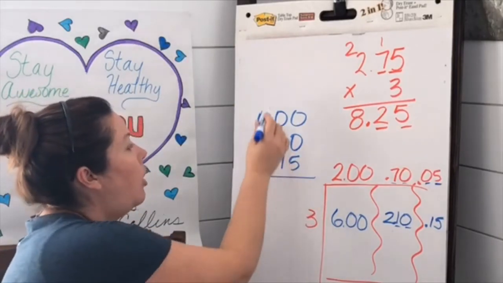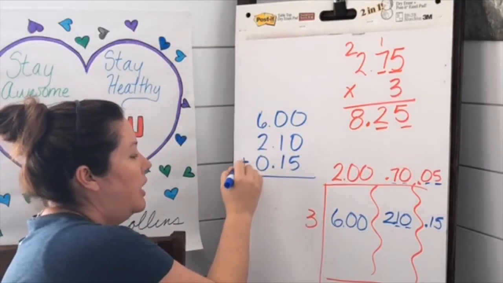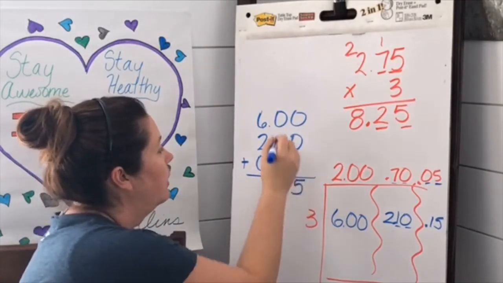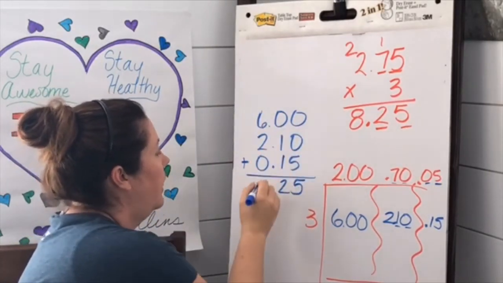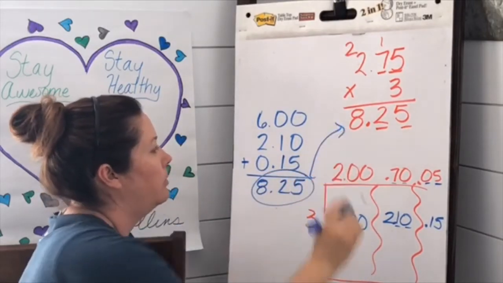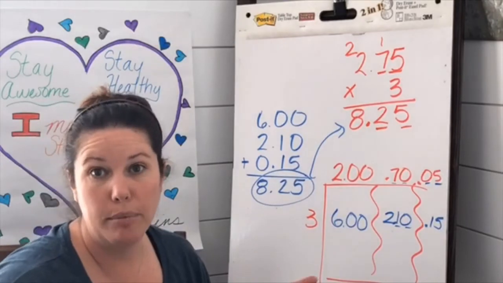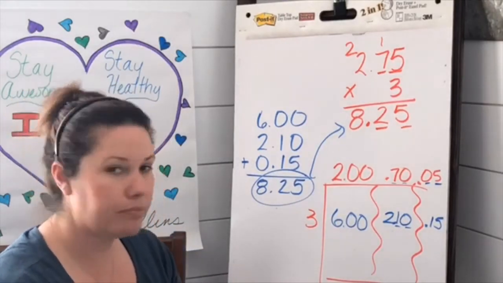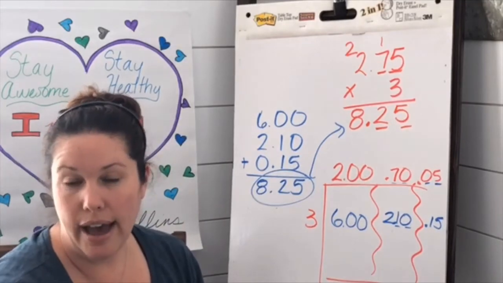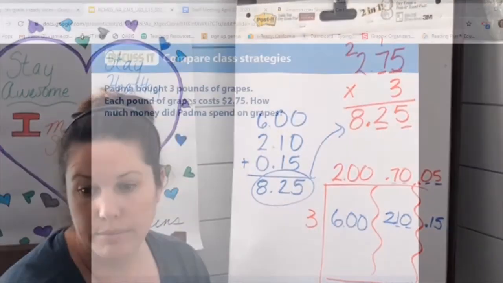And so here all my decimals are lined up, and I can go ahead and add straight down. So I have 5, 2, and 8. And that is the same thing as right here. So I know I'm correct, okay? And that's how you solve that. Okay, let's go ahead and now look at the next page in our book.